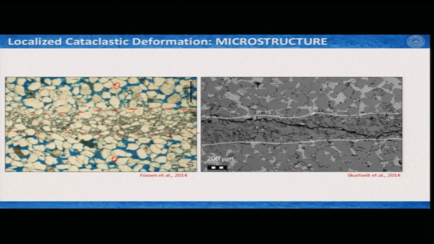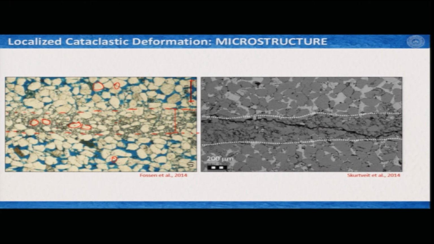If we measure statistically, the grain sizes here are a little reduced from what we see outside, the porosity has also reduced, and the number of small or finer grains along this narrow zone is quite significant. As I said, this length is about 1 millimeter, so this is a very narrow or thin zone.